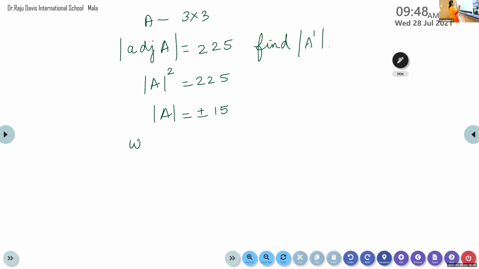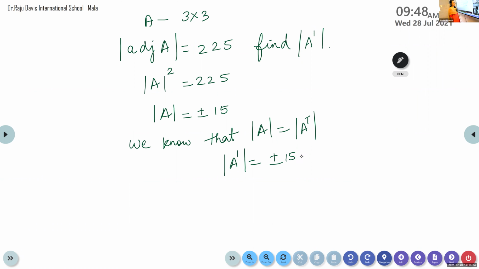And we know, in the properties we have learned, determinant A is the same as determinant A transpose. Both are equal. So determinant A dash will also be equal to plus or minus 15.